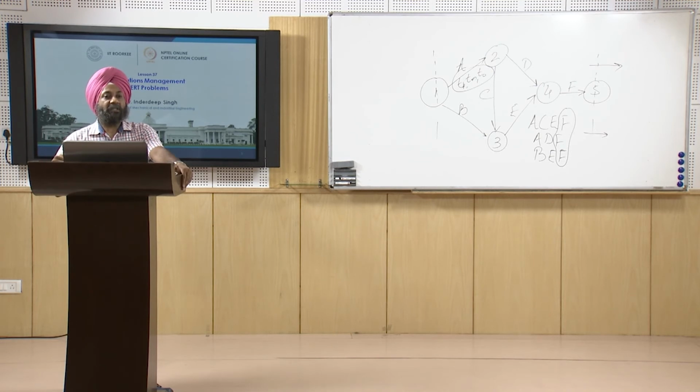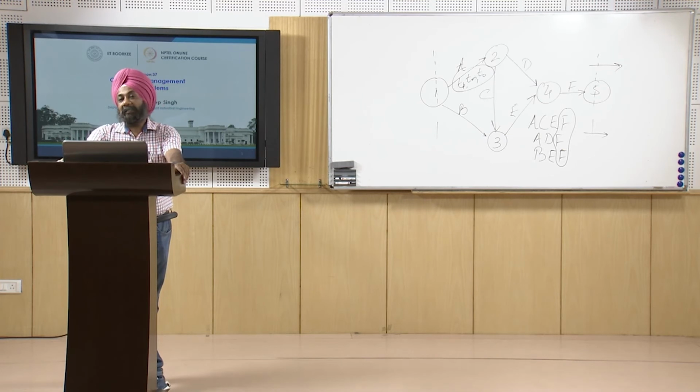In our case, we first have to calculate the expected time for the completion of this project, so first we calculate the expected time and standard deviation for each activity.